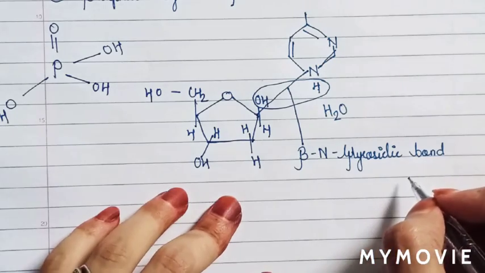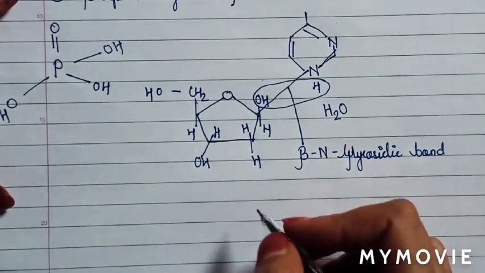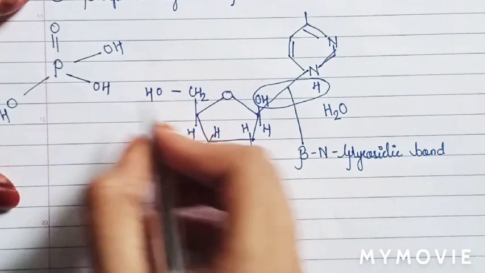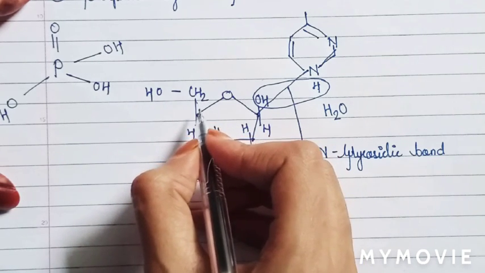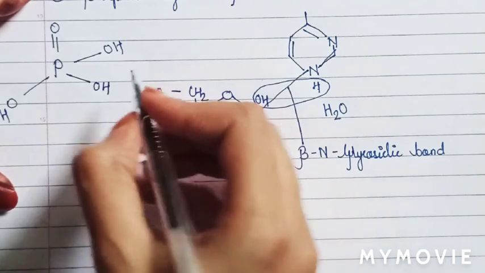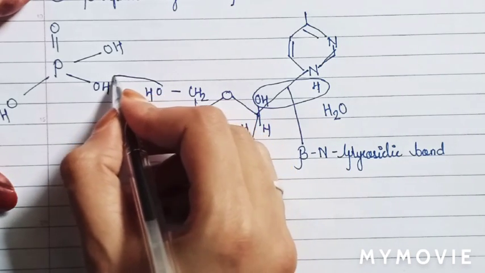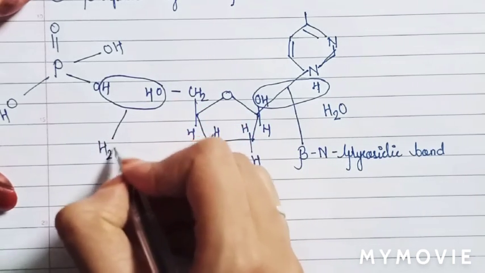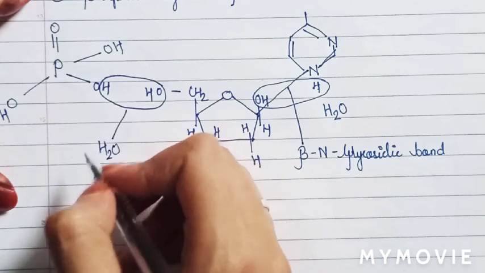Now the same here: you can see OH and OH group attached at the fifth carbon of pentose sugar. This OH attached to H forms another water molecule, and this water molecule gets removed.